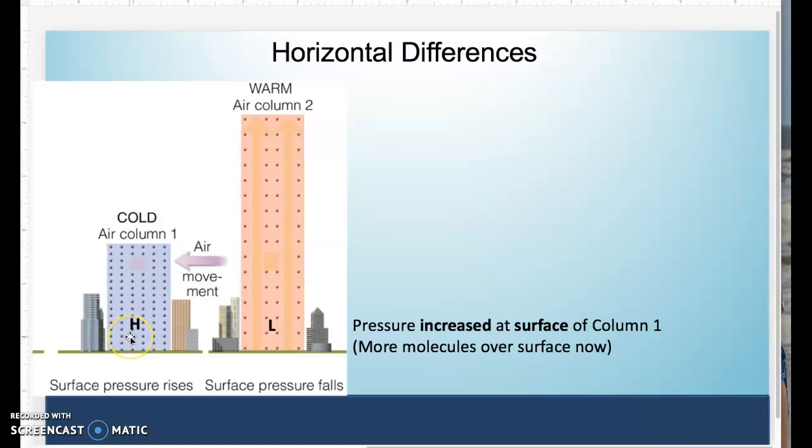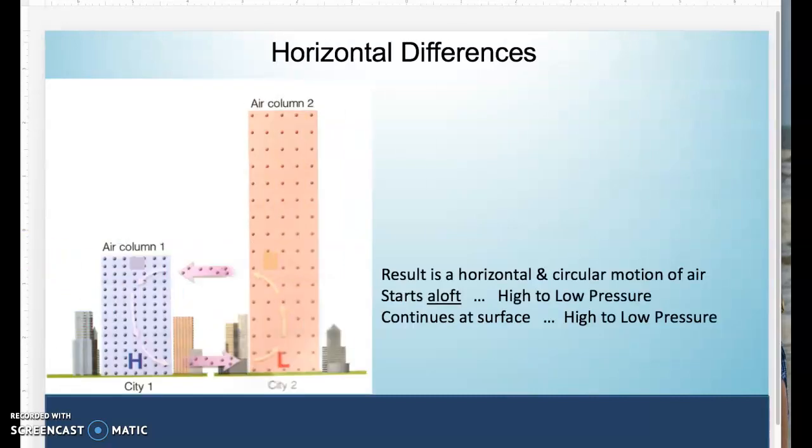And correspondingly, column 1 got a whole lot of air molecules in from column 2. It has more molecules pressing down. So when you're at the surface pressure rises. Guess what? We seek equilibrium here at the surface as well.